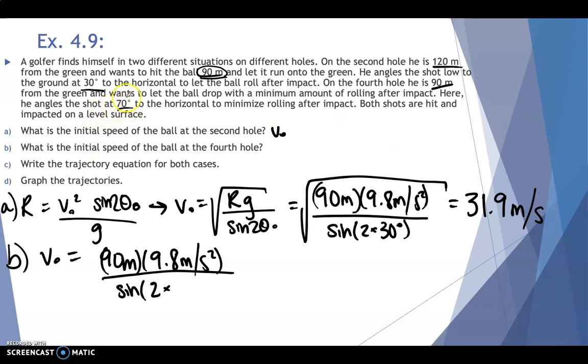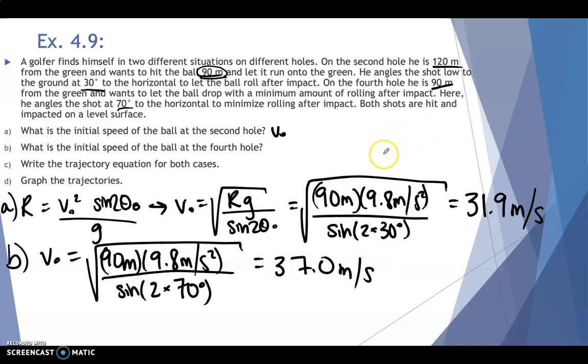And at this shot, he's going to do 70 degrees. Okay, so square root of all that. So let's plug that into our calculator. And we get our velocity is 37 meters per second in this case.